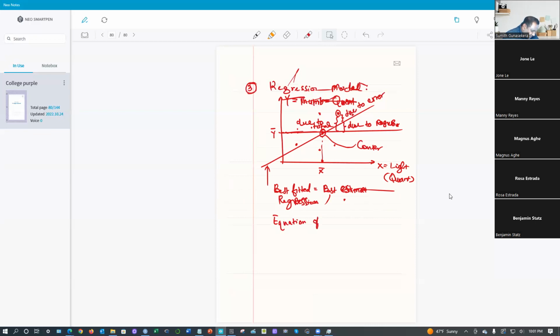Estimated, or another way, predicted sum equals intercept plus slope times height. Write this one.